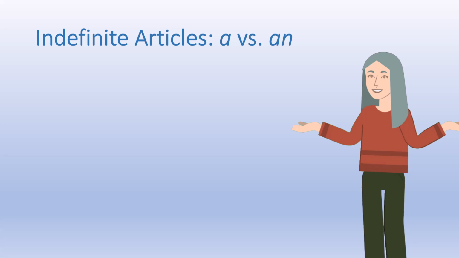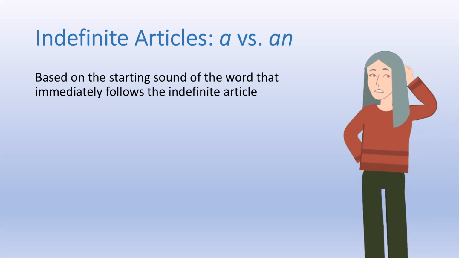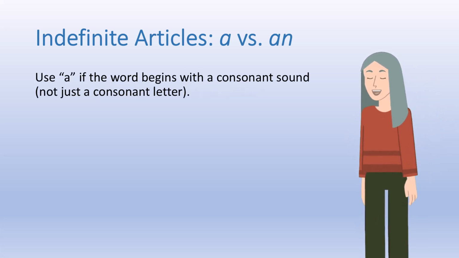So what's the difference between a and an? They are both indefinite articles, but deciding which one to use depends on the starting sound of the word immediately following the indefinite article. What does that mean? It means that we use a if the following word, which could be an adjective or a noun, starts with a consonant sound, not just a consonant letter.